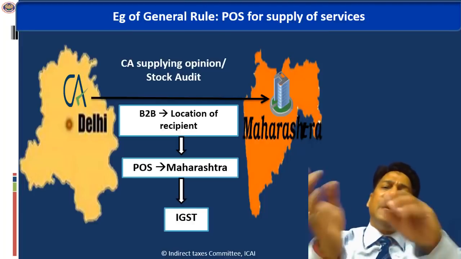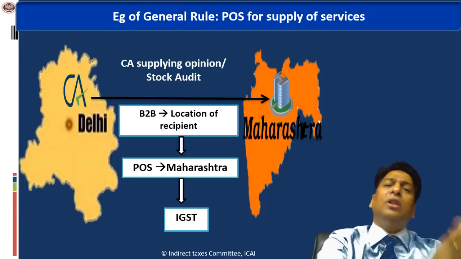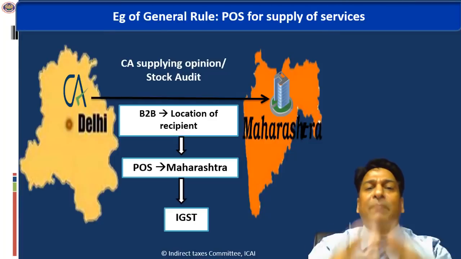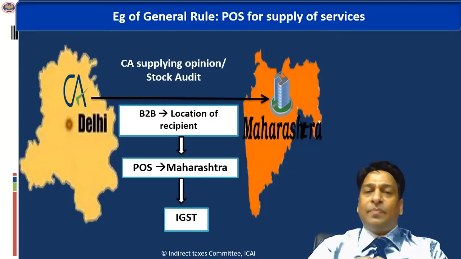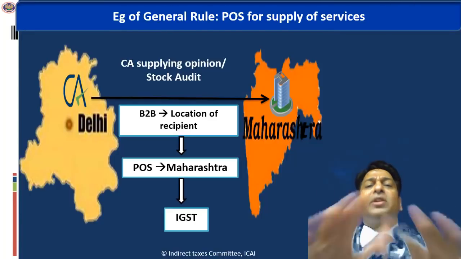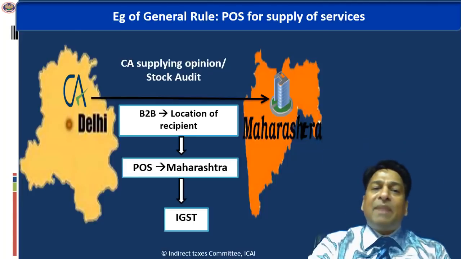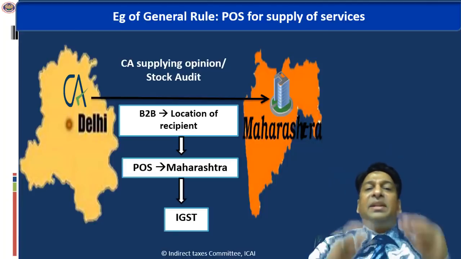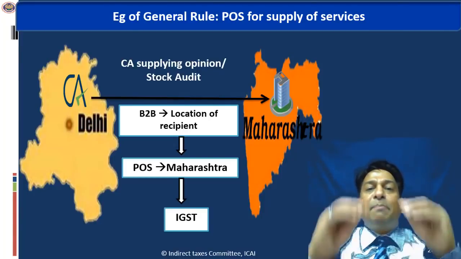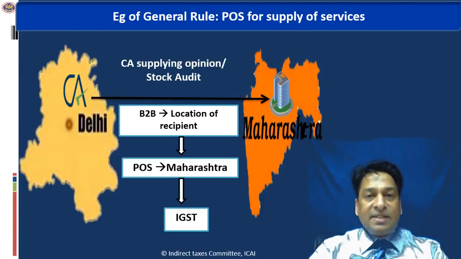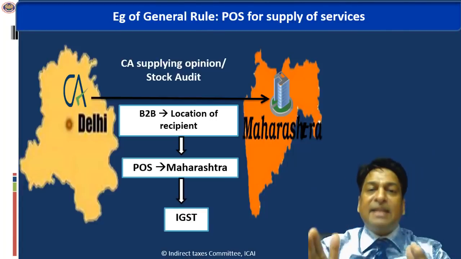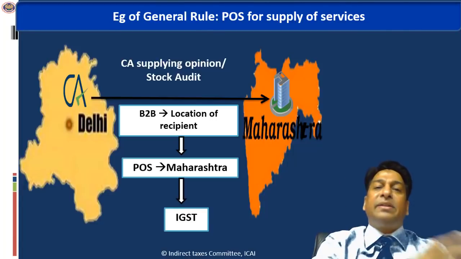Before I conclude, let's say this client is coming all the way to the premises of the supplier and taking a verbal opinion, not a written opinion. So he's coming from Mumbai to Delhi and taking the verbal opinion in the premises of the supplier of service. Tell me, would the transaction be intrastate or interstate?